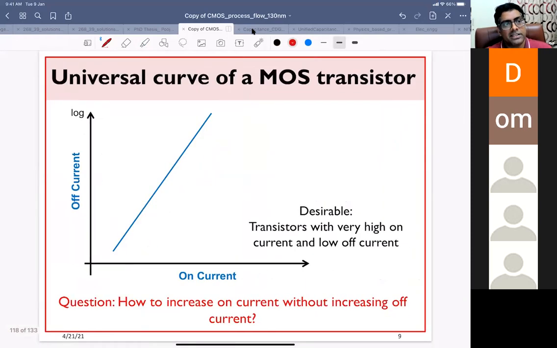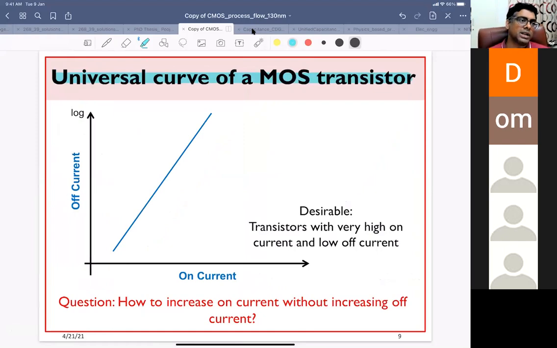That's the reason when I characterize a MOS transistor, both Ion and I off are important, and we plot on current against off current. That curve is called the universal curve of a MOS transistor, right?